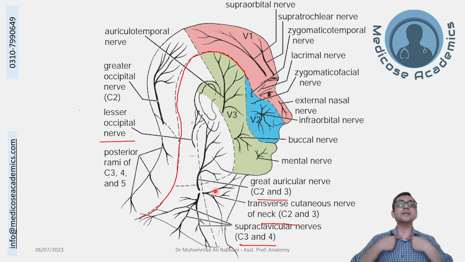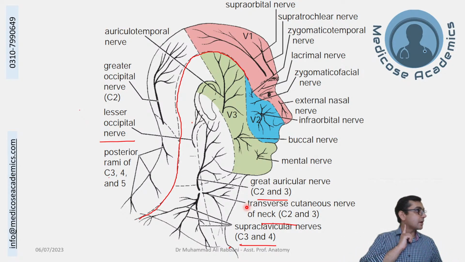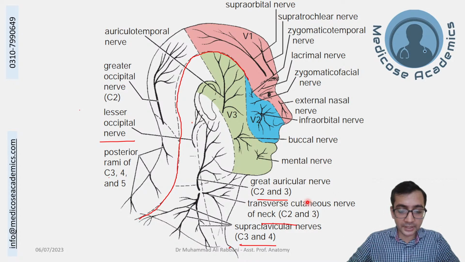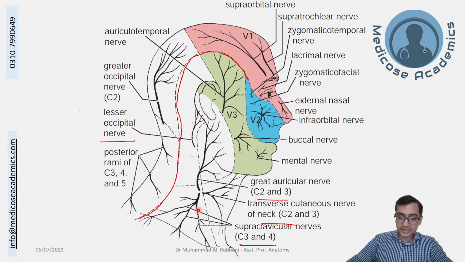This whole triangular area, wider above and narrower below, is supplied by the transverse cutaneous nerve of the neck, because it arises from the posterior margin of the sternocleidomastoid and goes transversely to the anterior aspect. So this is the transverse cutaneous nerve of the neck.